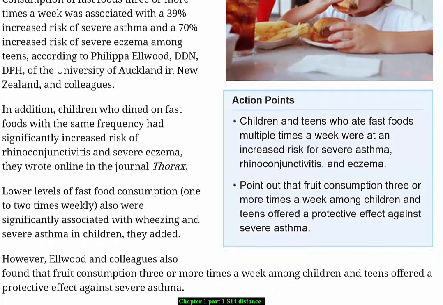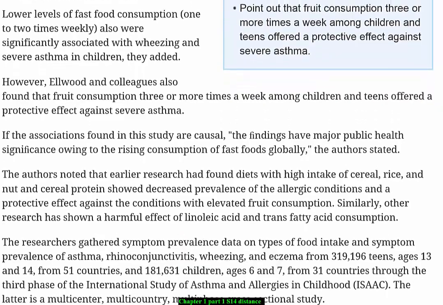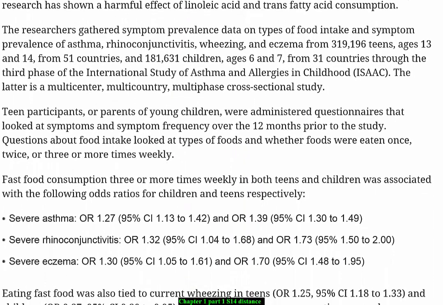Well, how would they get their data here? It turns out, as you can probably imagine, we can't really recruit people and then prescribe them to feed their children fast food 3 or more times a week. An ethics panel would probably find that unethical. And so the way that we collect our data here is through what we call an observational study.